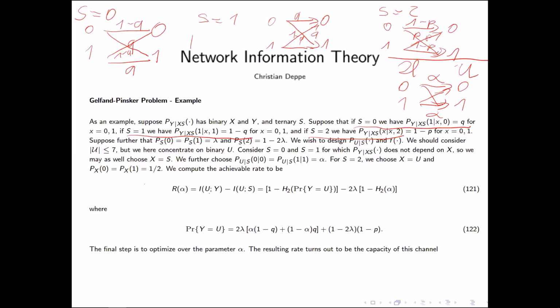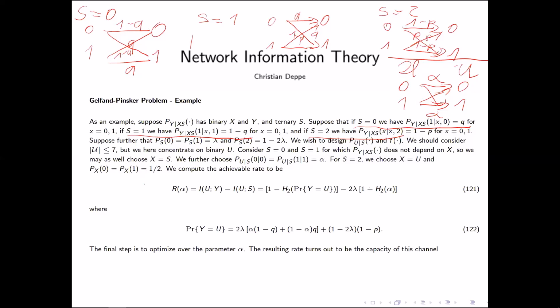Of course, the mutual information of u and y in this case is 1 minus, because it's the entropy of u, minus the binary entropy of y given u. And if you look at the second part, that depends, of course, on S. So this is 2 times lambda times 1 minus the binary entropy of alpha.